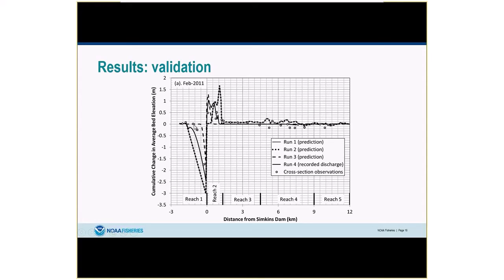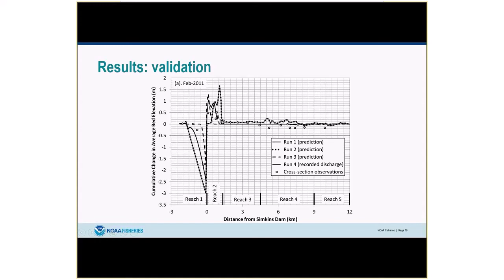The actual erosion at that time was considerably less. Consequently, they also predict greater deposition in Reach 2, including the Bloaty impoundment, than we actually measured at that time, February 2011. And you can see that just by comparing the dots with the model runs.